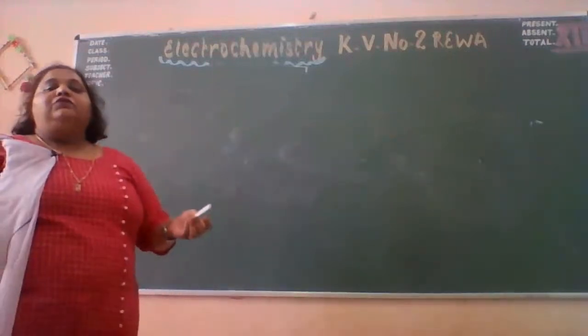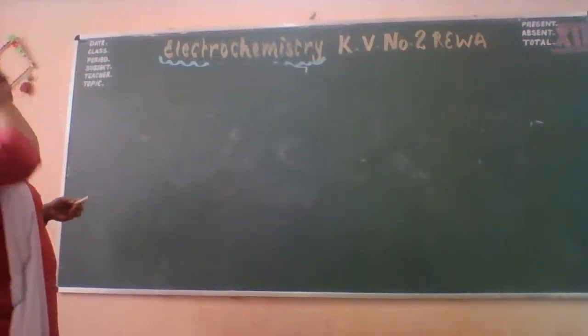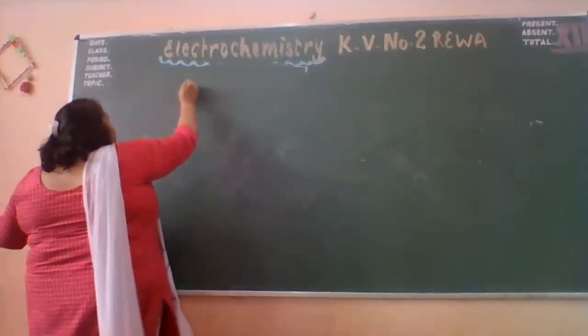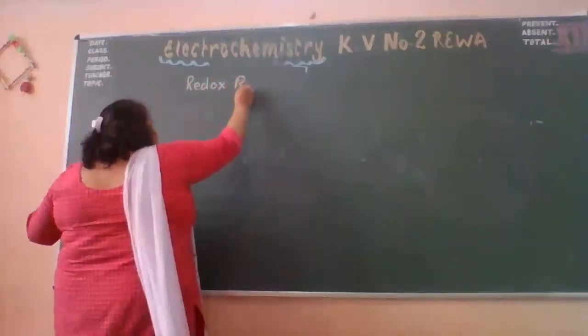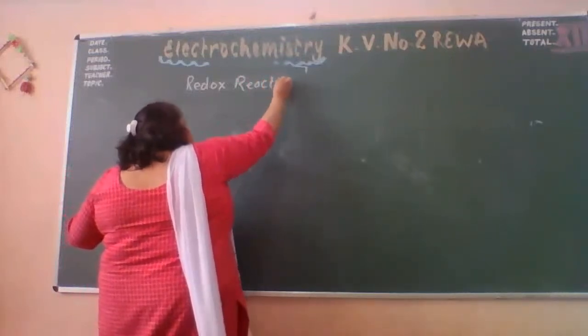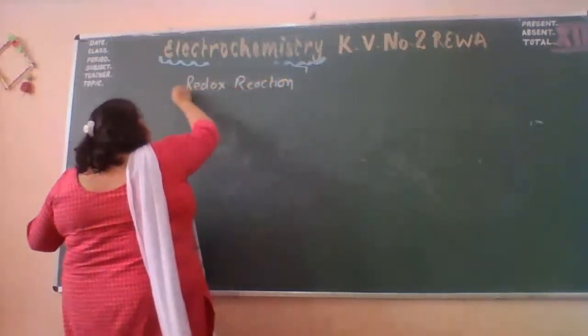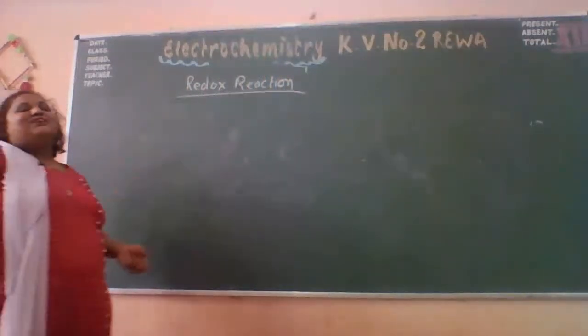You are familiar with the word redox reaction. I am just going to give you some examples. In class 11, a complete chapter is there on redox reactions, and it is one of the favorite chapters of students also, because it is very small.